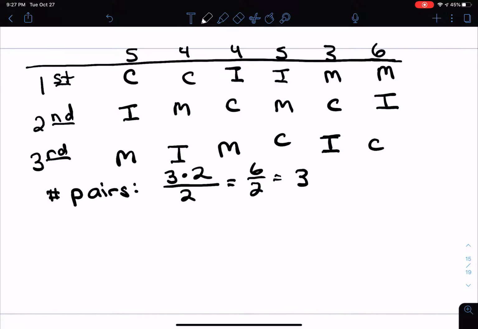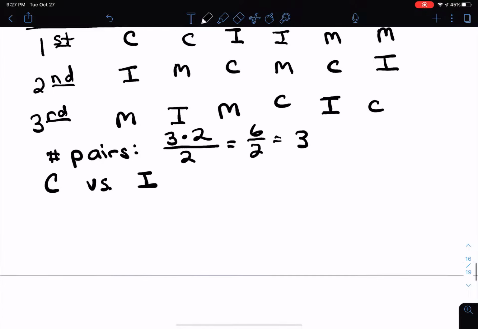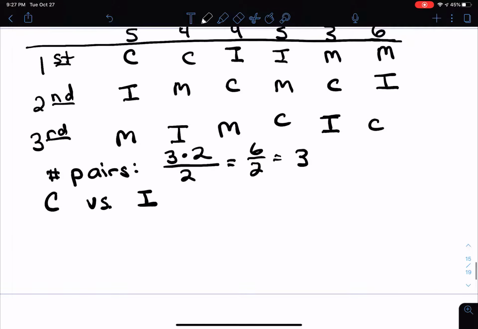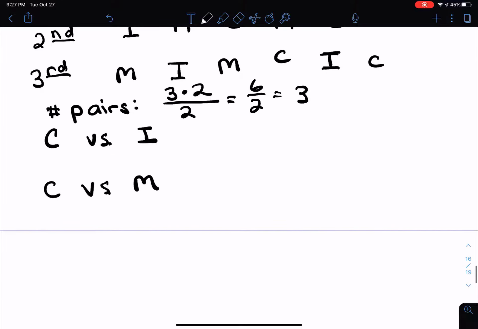All right. So we have to pair up Chinese versus Italian. We have to pair up Chinese versus Mexican. And we have to pair up Italian versus Mexican. I don't need to reverse the order because Italian versus Mexican is the same as Mexican versus Italian.